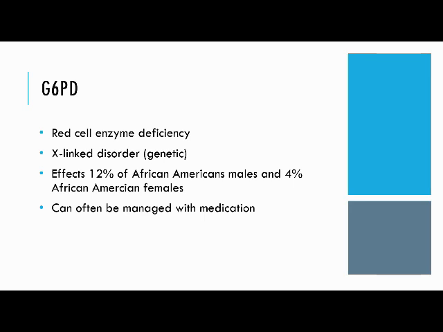So as they have increased production, because they don't have this enzyme to protect the red blood cells, they can struggle with hyperbilirubinemia. Usually it can be managed with a medication, and they do fairly well. We just have to catch it and manage it. So wanted to say a little bit about that.